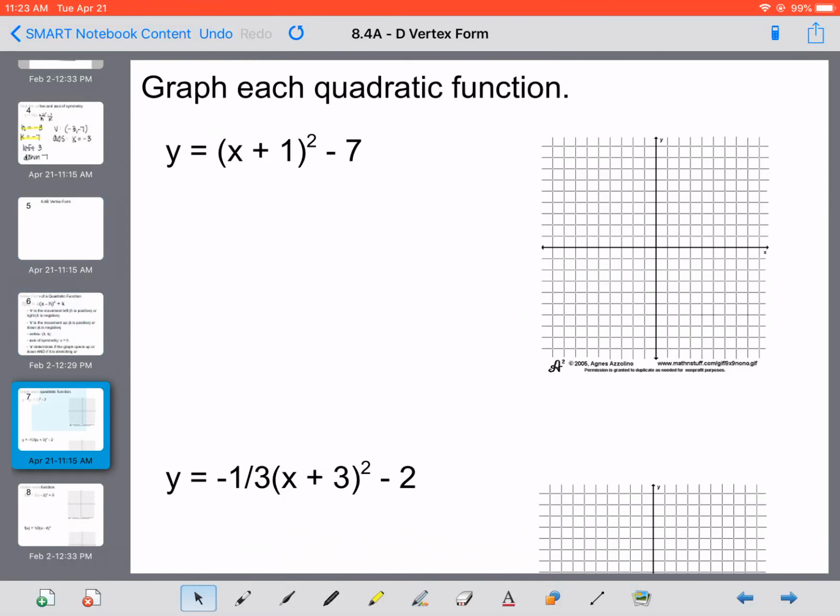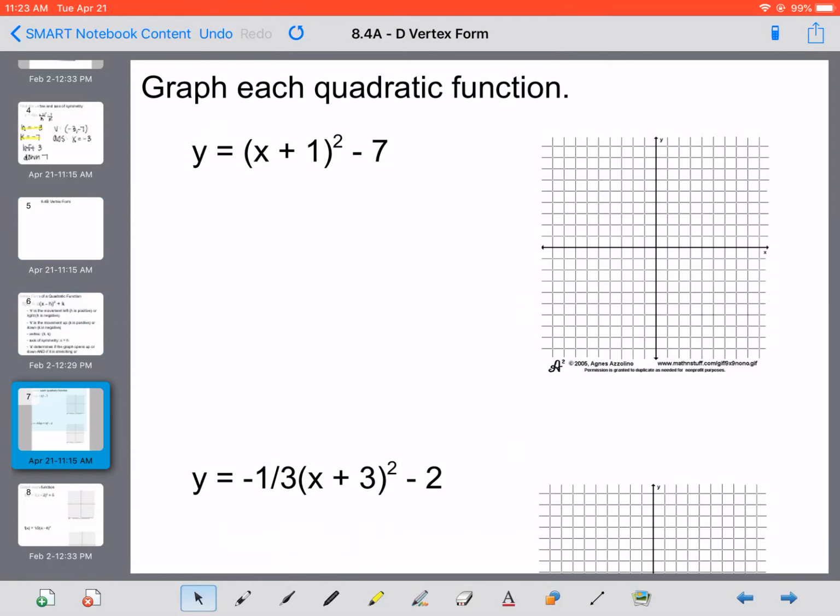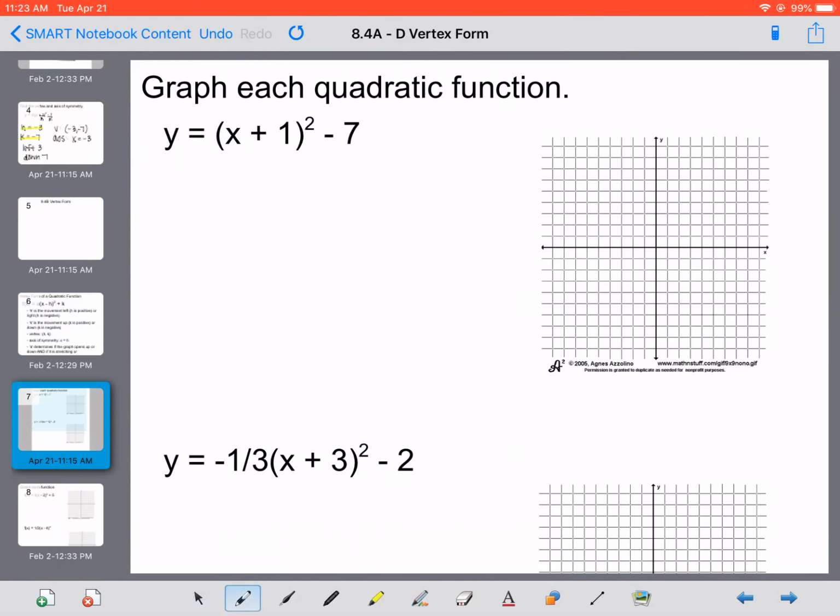So step one of graphing is to find the vertex. So remember, this is my h and this is my k. H is opposite of what I see. So h is -1 and k is -7. So our vertex is -1, -7.